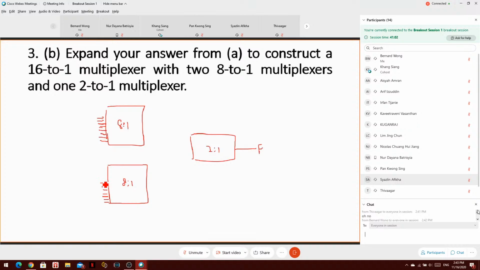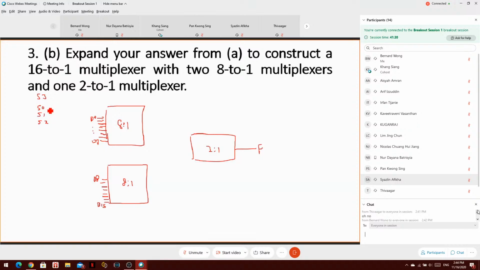1, 2, 3, 4, 5, 6, 7, 8. So this is D0 until D7, and this is D8 until D15. And then of course you need selector lines, so you have S0, S1, S2, and also S3.